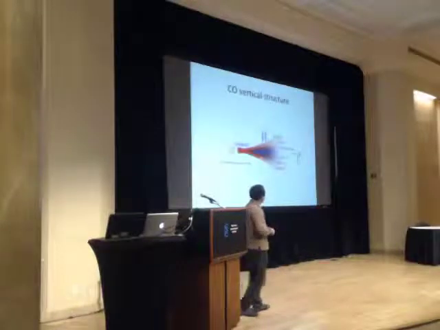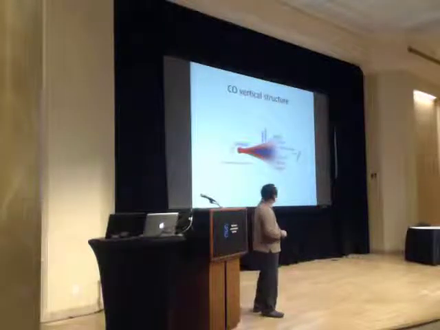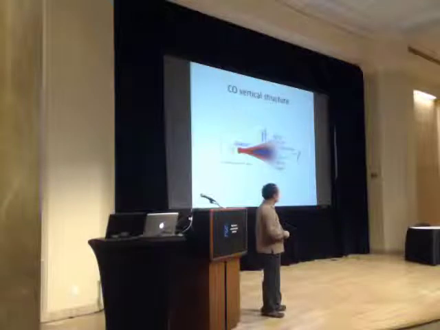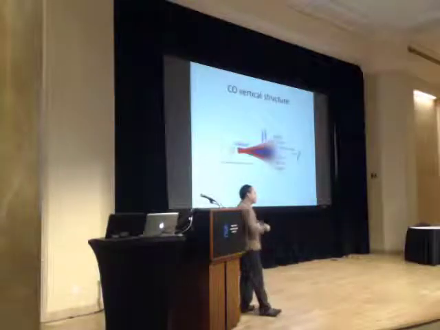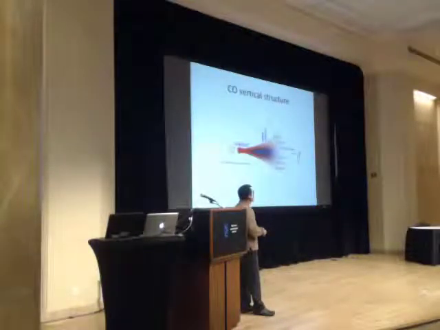Not only that, the stronger CO lines are optically thick. Different transitions probe different layers of the temperature structure, whereas much weaker isotopologue emission can probe the whole bulk of the CO.